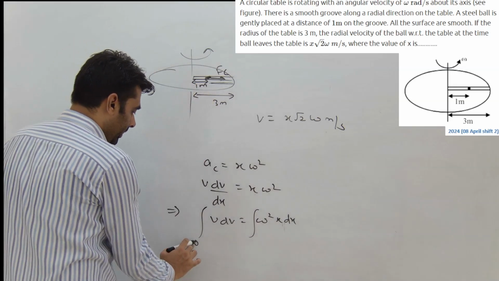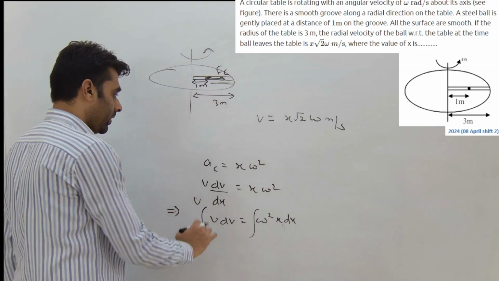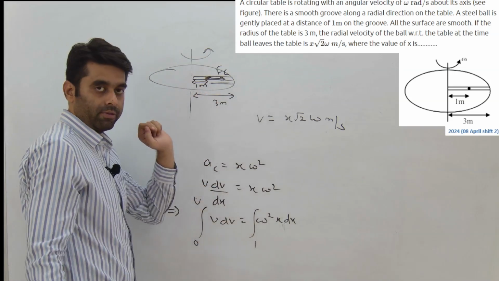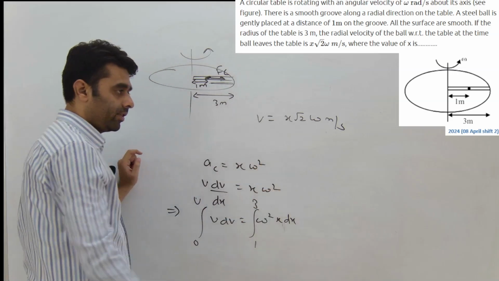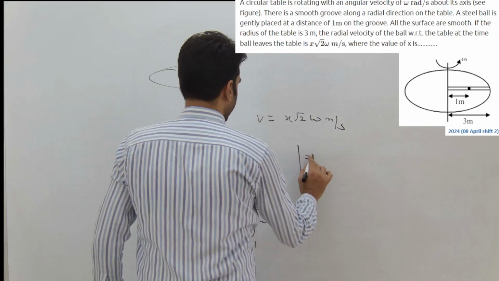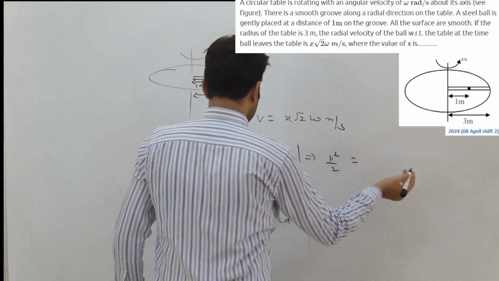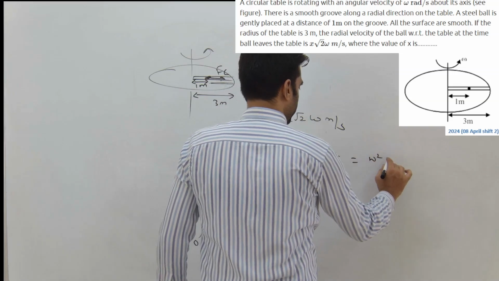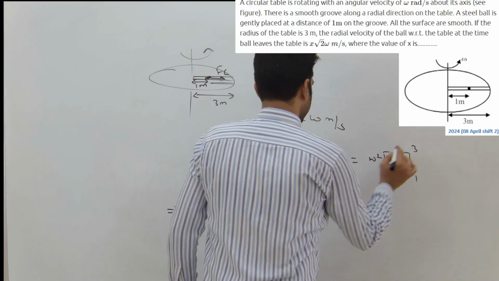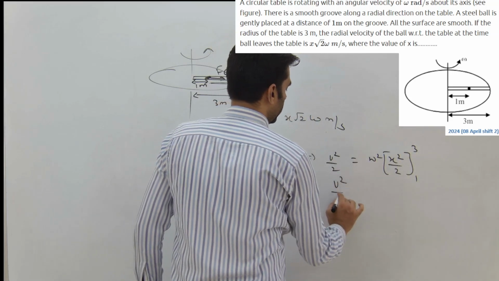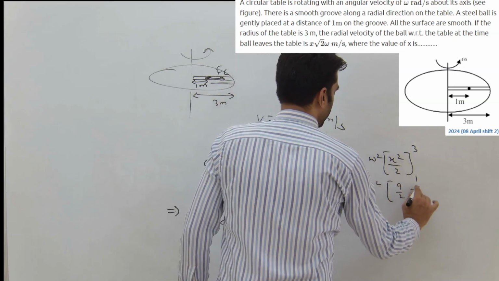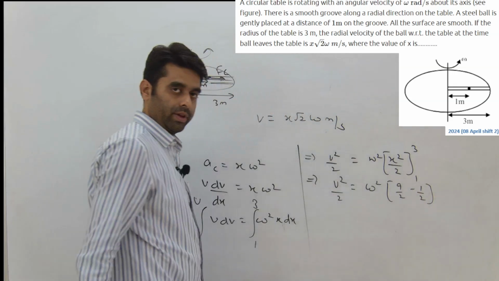initially it started, let's say, from 0 to v, right? And over here initially it was placed at 1 meter, and finally at the radius the distance from the center will be 3 meter. So what are we getting? v square by 2 equals, omega square is constant, our integration will be x square by 2, limits are from 1 to 3. So v square by 2 equals omega square, we have 9 by 2 minus 1 by 2, right?